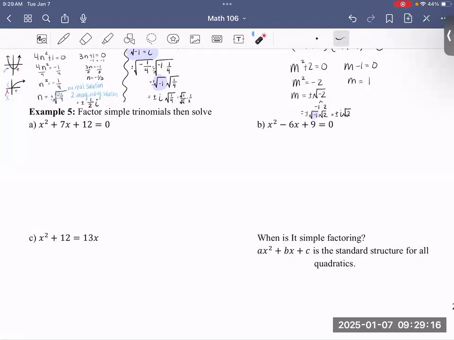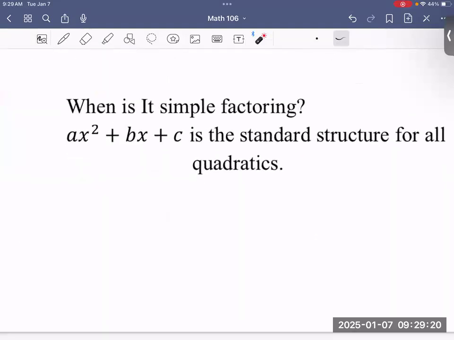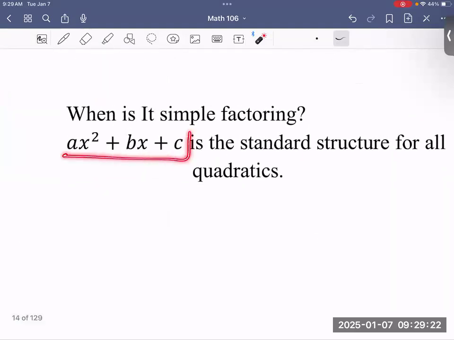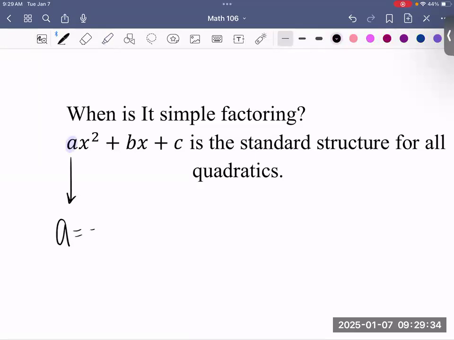So when it comes to simple factoring, we know it's simple factoring when we have this particular form, ax squared plus bx plus c. So we have all three terms. And even better, it's when your a term is equal to a positive or a negative 1.